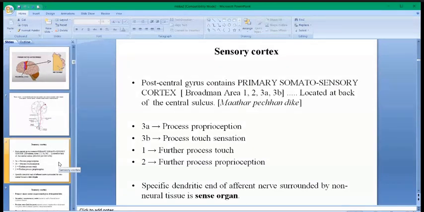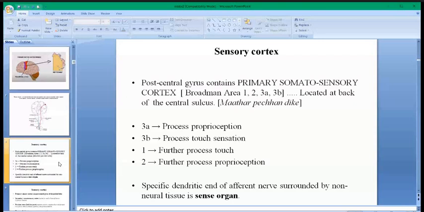Whether the person can tell where you have touched it. If the person can tell, yes, you have touched my index finger, this portion, then the tactile localization, where it has been touched, and the touch sensation, both are present.